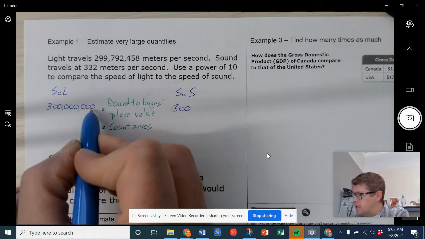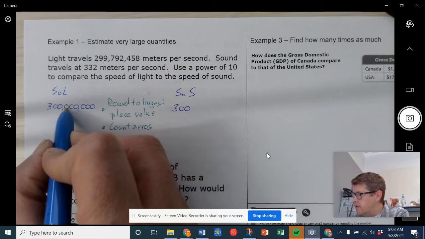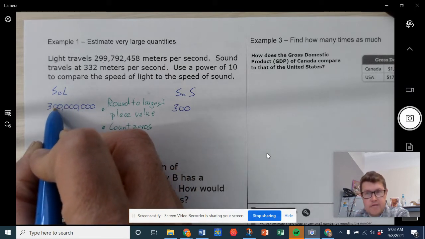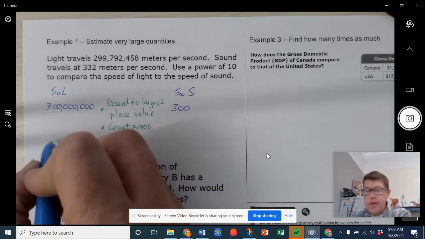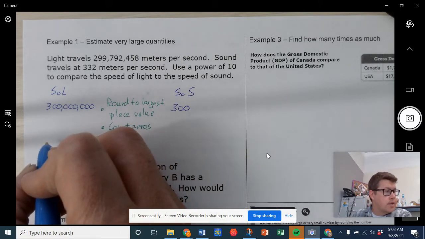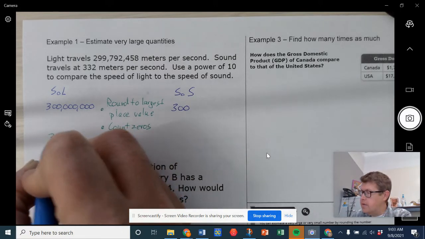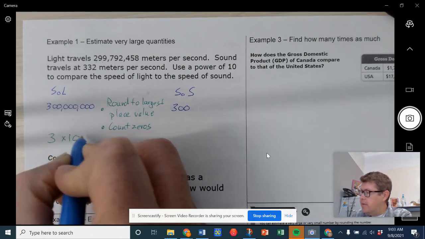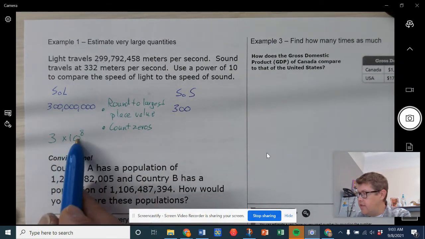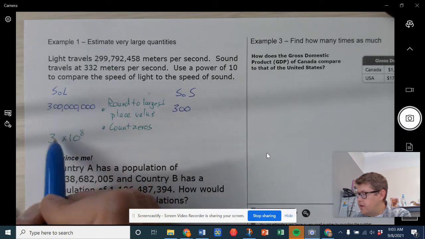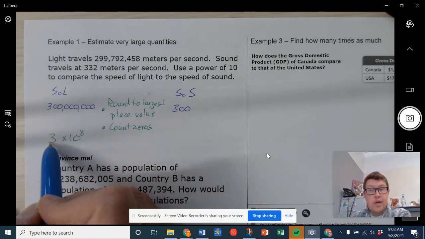Okay, so in this one we have 1, 2, 3, 4, 5, 6, 7, 8 of them. So since we have 8 of them, we can just pull this and just be like 3, and then we multiply it by 10 to the 8th, because 10 to the 8th gives us all those zeros right there, and then we just plop that 3 on the end of it.